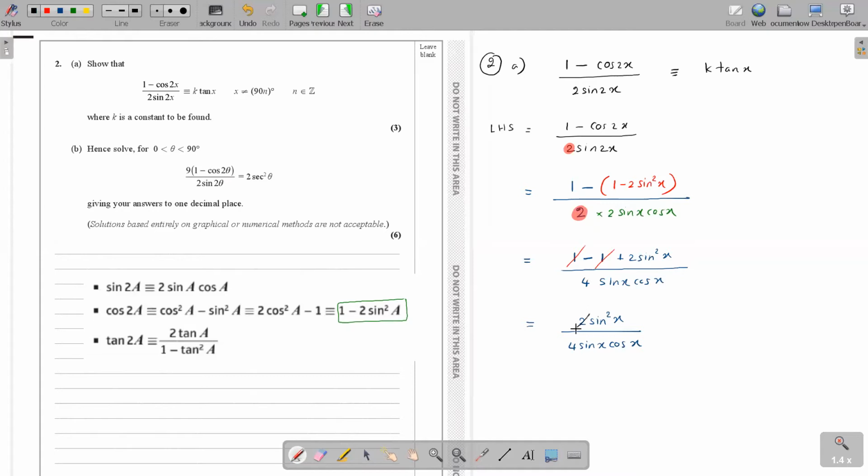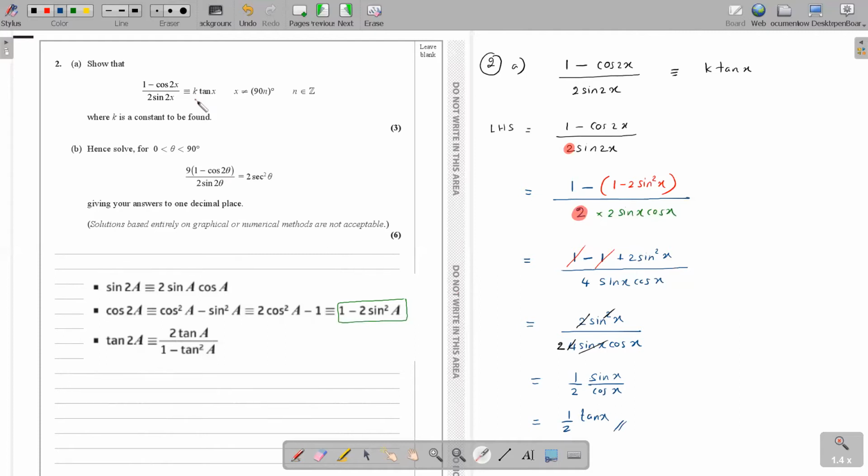So 2 times 1 is 2, 2 times 2 is 4. I can cancel off a single sine term, so I end up getting a half, and you have sin x over cos x, which gives you half tan x. So this is the answer for part A. So k equals a half.